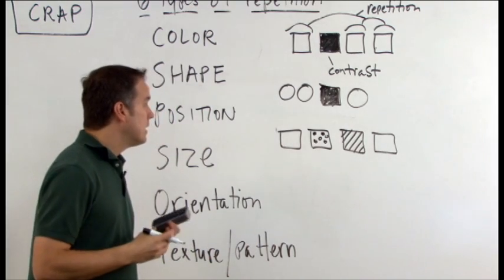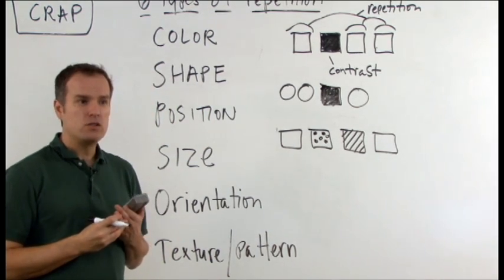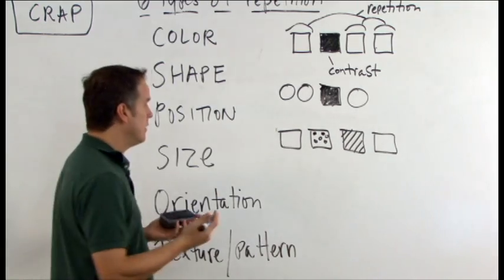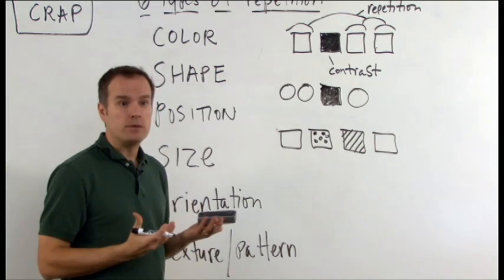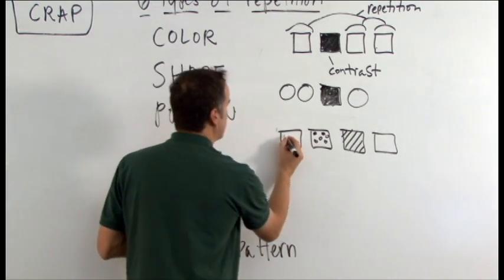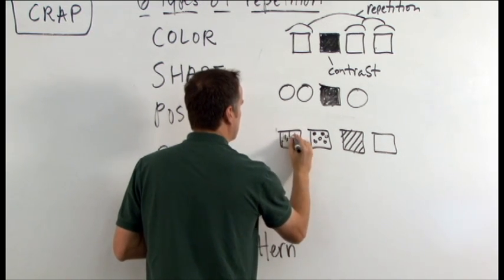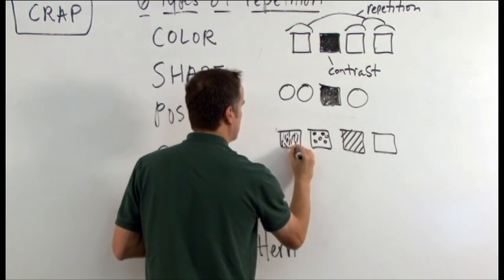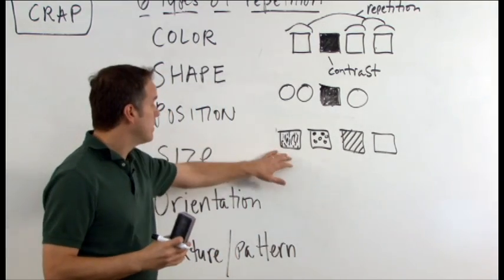That's pattern. Texture is something that, even in 2 dimensions, feels more like you could touch it. So if, for instance, you had a photograph of some grass, and you overlaid that photograph of grass, say, onto your image, you would get a sense of a kind of feel to the object or a feel to the element.